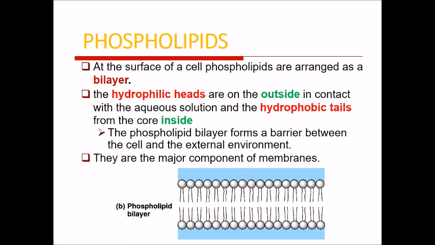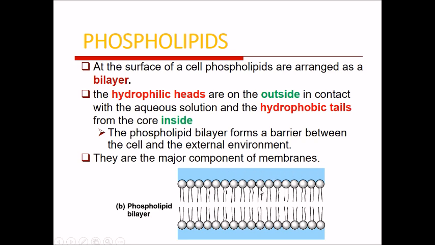So the phospholipids are arranged in a bilayer. As you can see here, this is the structure of the phospholipid bilayer that you will learn about later in the plasma membrane. This is the first layer and this one is the second layer, in which the hydrophilic phosphocholine heads are at the outside that will contact the aqueous solution over here.